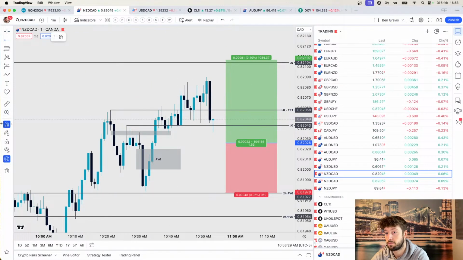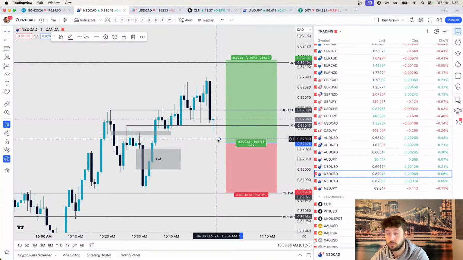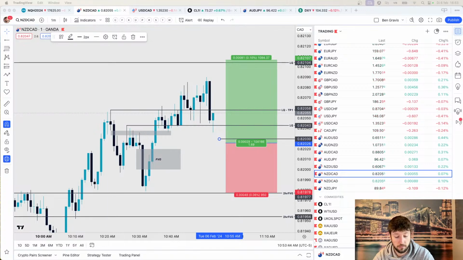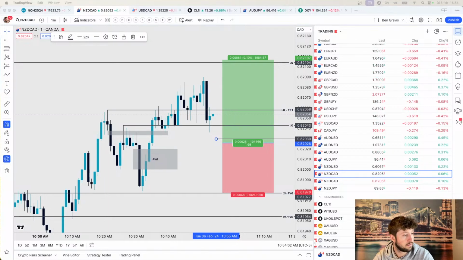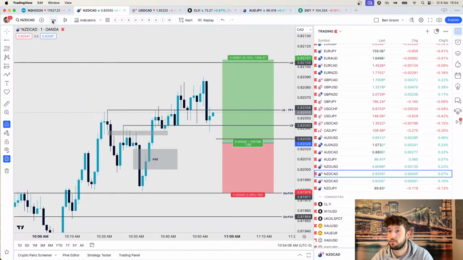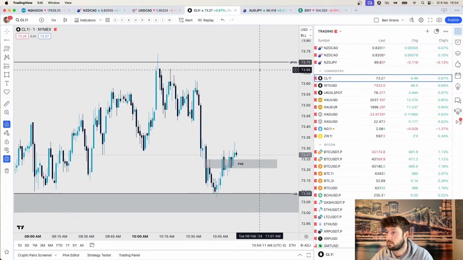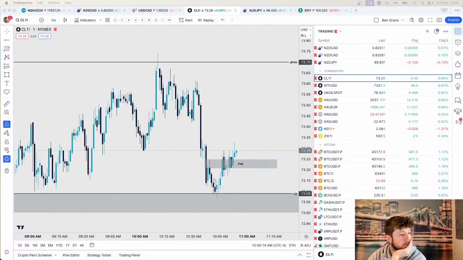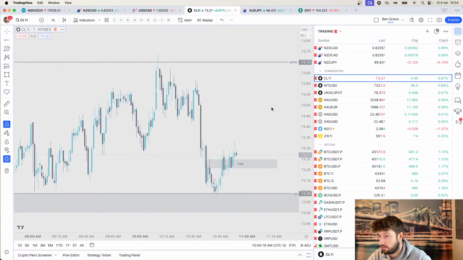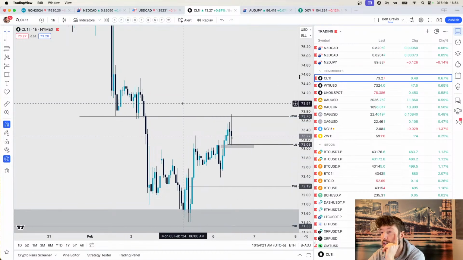Top would be here. This one kind of has my attention, although we did hit that daily fair value gap.